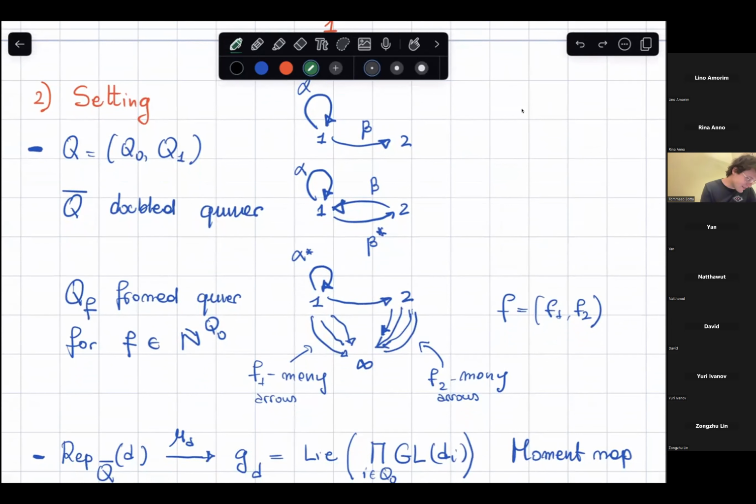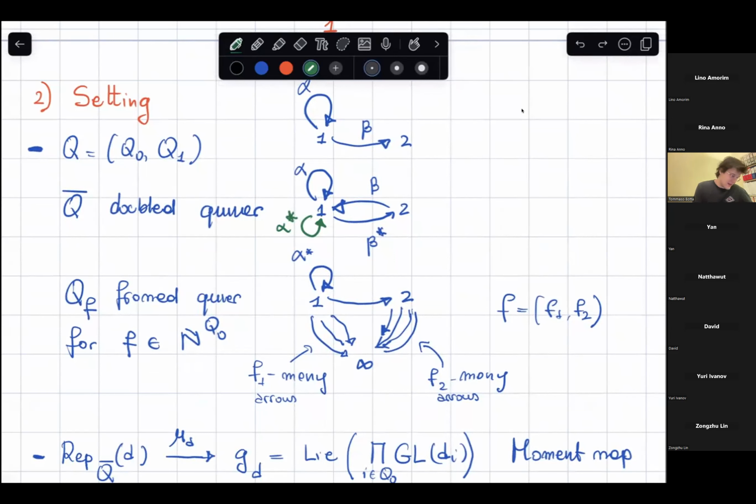And here you can appreciate the first typo. So this is alpha star. It was missing. And for me, Q^F would be a framed quiver. A framed quiver arises as soon as I choose a dimension vector f, so a string of non-negative integers indexed on the vertices of the quiver.